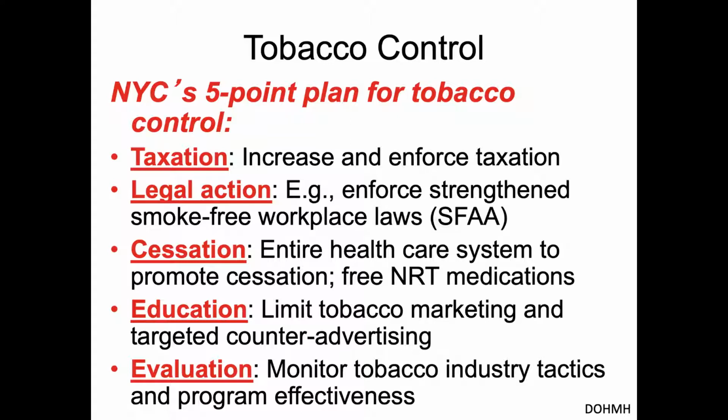Surveillance of tobacco use is really critical to this, to see what works. We can look at smoking before and after a major change in policy. How do we estimate smoking before and after that change in policy? We can certainly use something like the Community Health Survey.